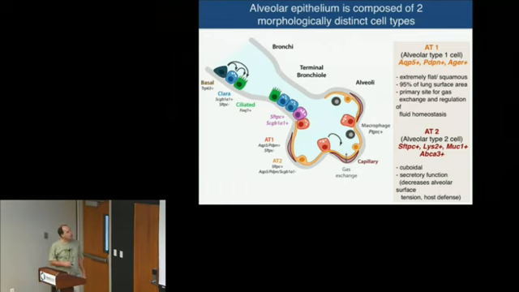AT1 is the very flat one that creates this big surface area, and AT2 is the cuboids that sit around. And some are ciliated, some are clara cells. These are all ones that are associated with different morphologies and genes that have been measured by staining.